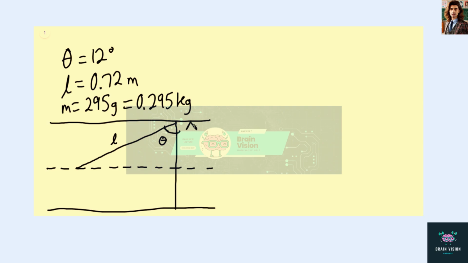And then here will be our L cosine of theta. This is going to be our mass right here. And then we can say that this height right here is going to be equal to length minus L cosine of theta. So once we draw this diagram, we can better understand what's going on.